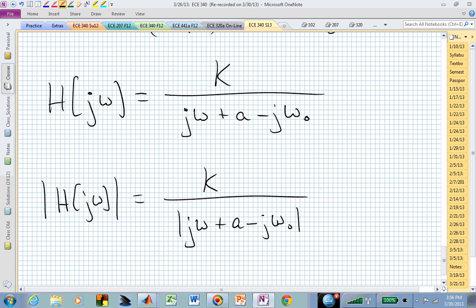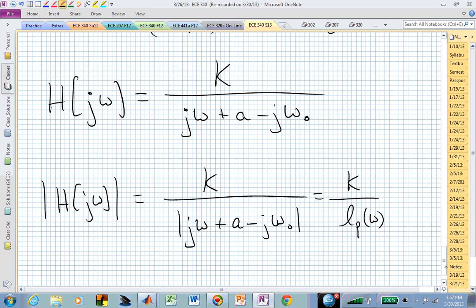And what is that? Well, if we go back to our diagram in the complex S-plane, we will see that that magnitude we can write as the distance from the pole to the point on the imaginary axis in question, the J omega location.